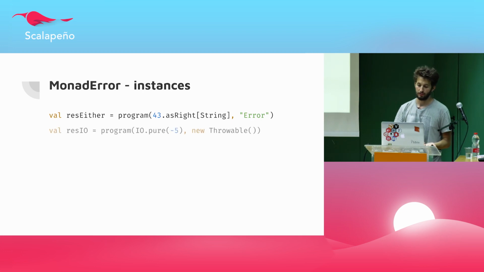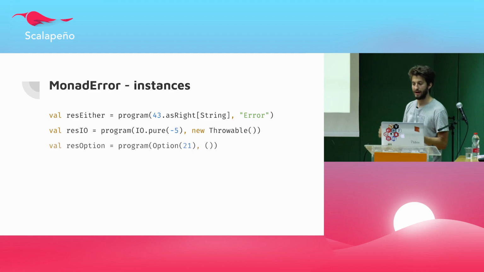But we can also use something like I/O, because I/O is usually able to handle errors of type throwable. That is at least the convention for most I/Os out there. There are some other things, but this is valid for the cats effect I/O, as well as ScalaZ 7 I/O, as well as Monix task. So we could run this program not just with either, but also with I/O.